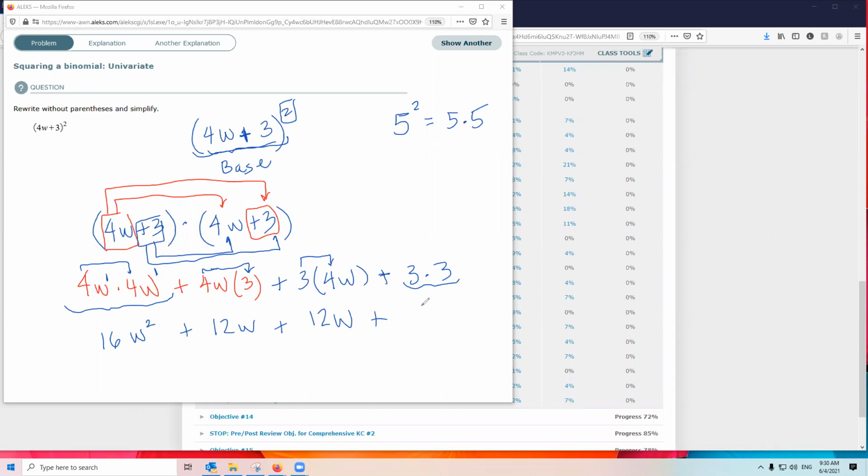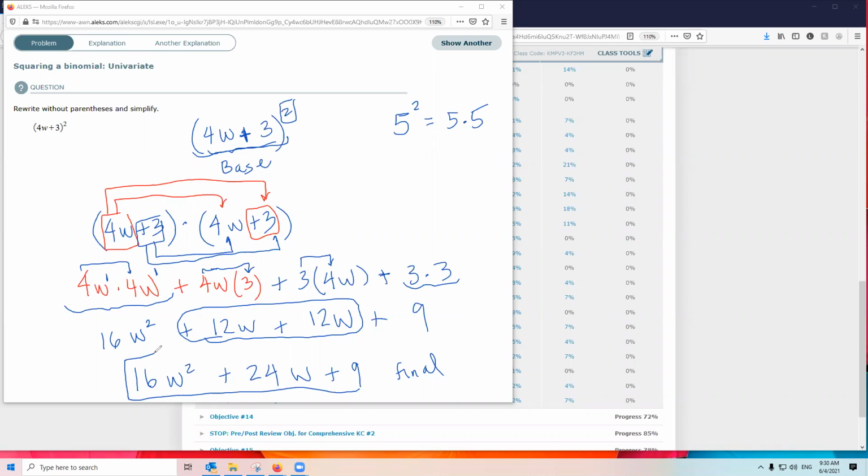And in the back here, 3 times 3 is 9. Last step, I can combine these middle terms. I have 12w plus 12w, which combines for 24w. So that's the final answer. I can't do anything else to simplify this because these are all unlike terms.